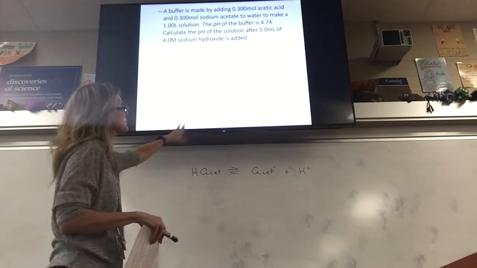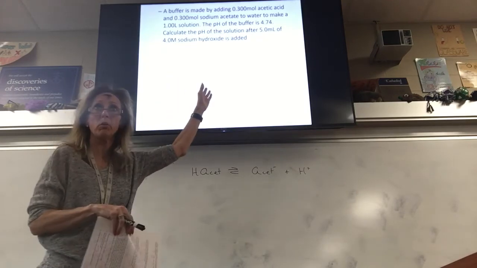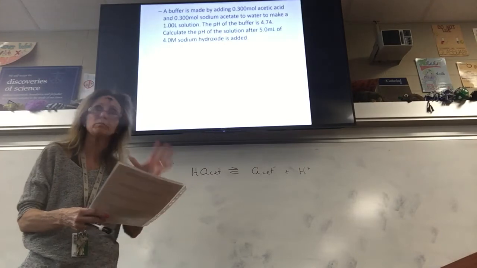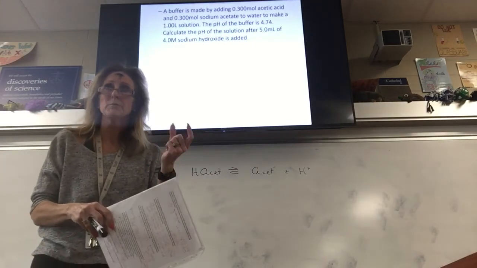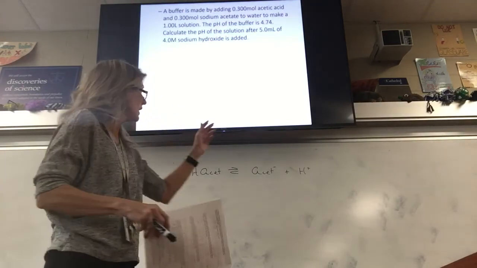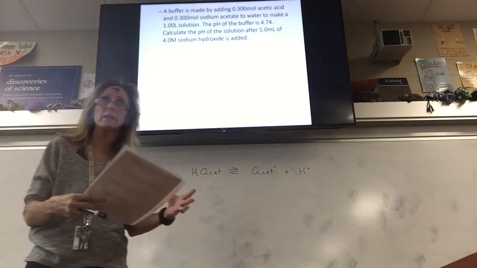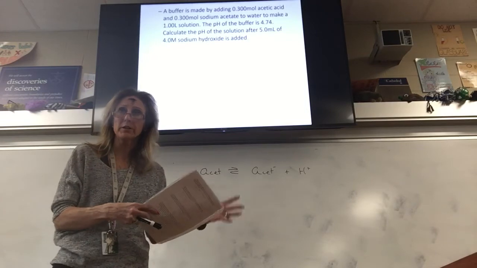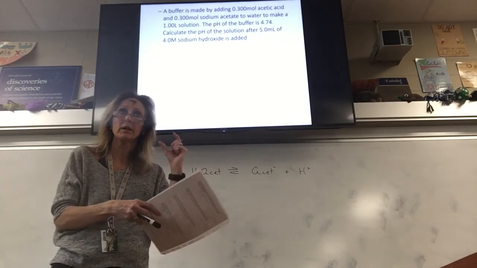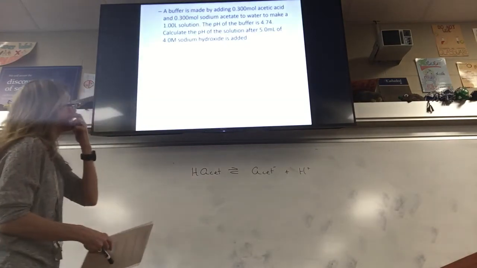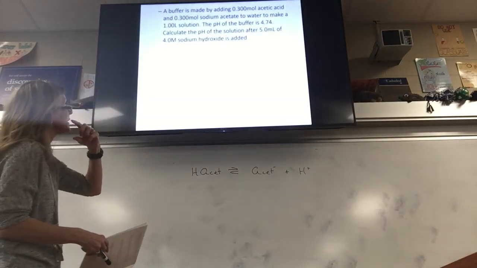So you'll see as we go in here, and that's why that's given in moles, just so we don't have to convert back and forth. When we're adding and subtracting amounts of stuff being added, it's best to do it in moles, and then when we're ready to do the calculations, we can convert it back to molarity using our overall total concentration. So you'll see that here as we go.